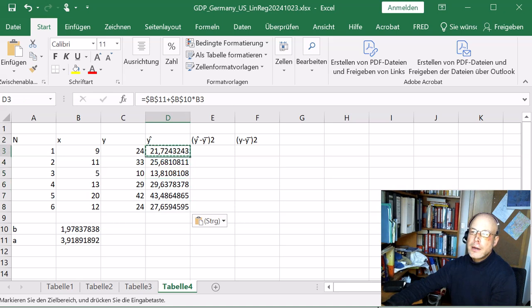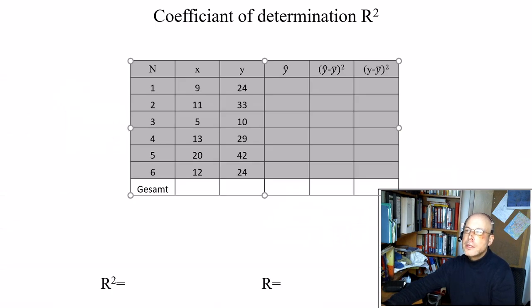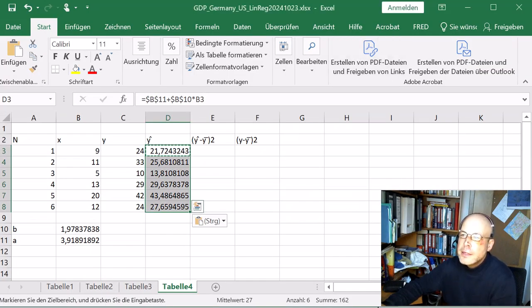So these are now all our fitted data points, and now we need the squared distance, which I did first: hypothetical minus mean. This is the hat here.